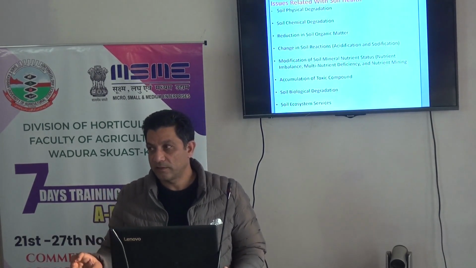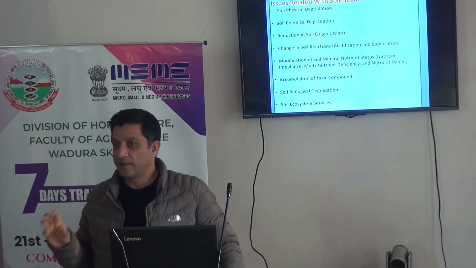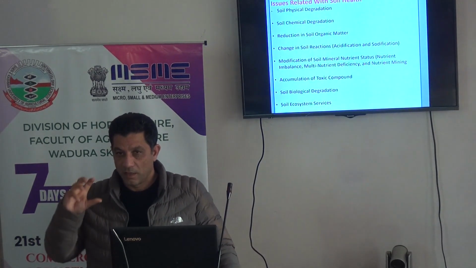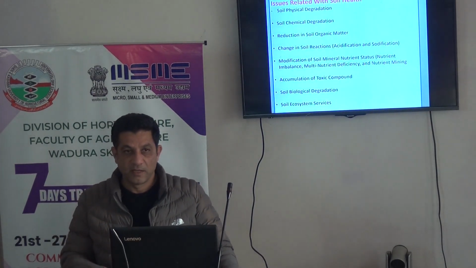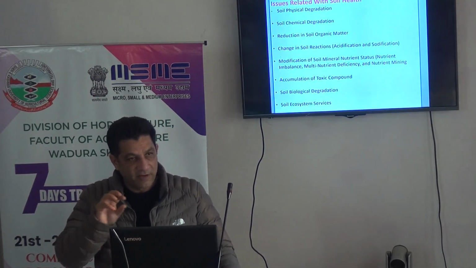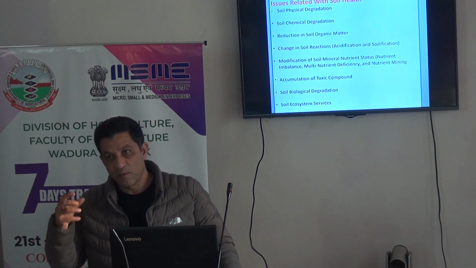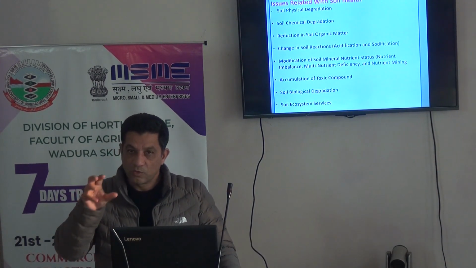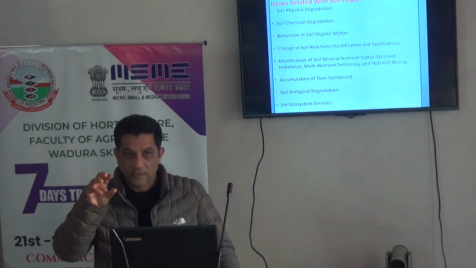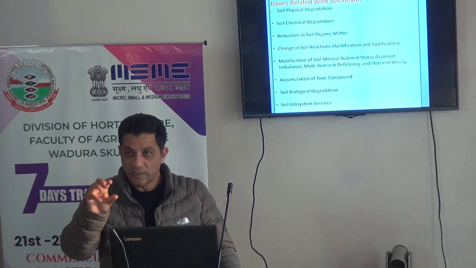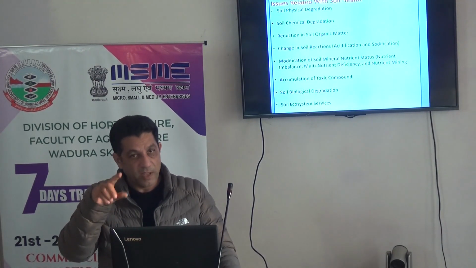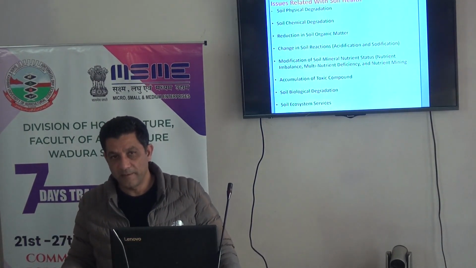Suppose we are adding nitrogenous fertilizer in the two soils, again the sandy and the clay soil. Sandy soils have less negative charge, clay soils have more negative charge. Nitrogen is in the ammoniacal form, NH4 plus.